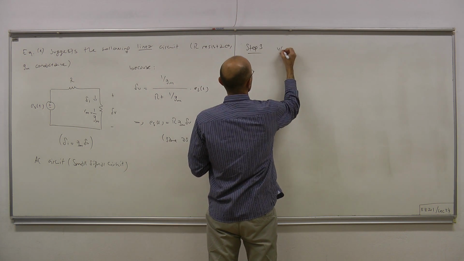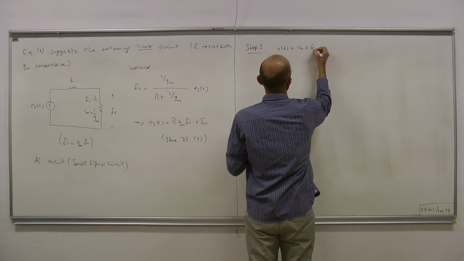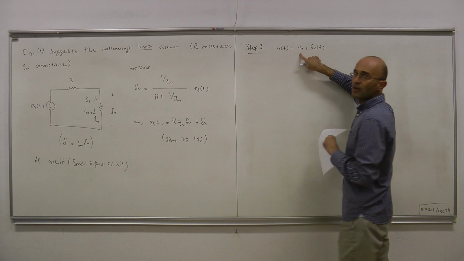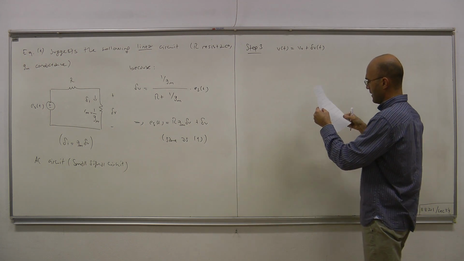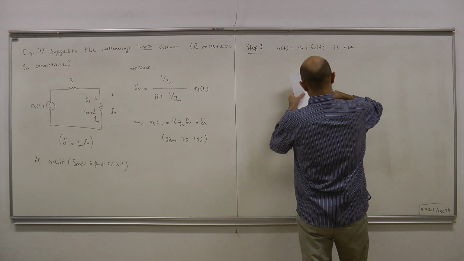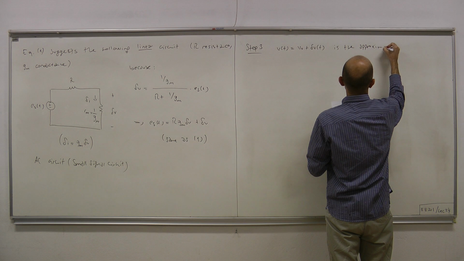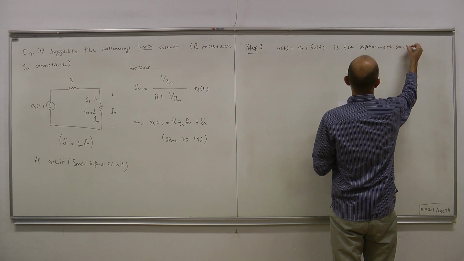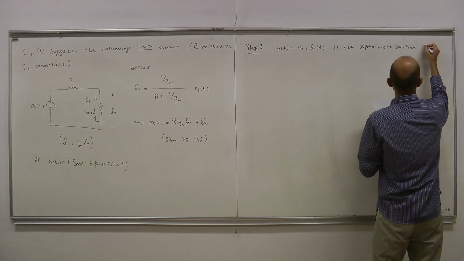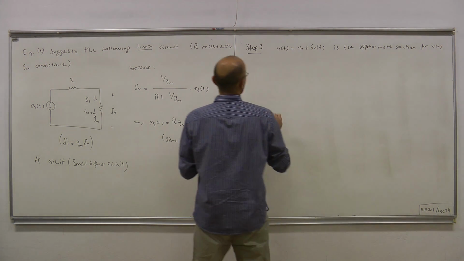Step 3: now V of t equals V0 plus delta V of t. This is constant, this is time varying. This is the approximate solution for the voltage of the nonlinear resistor.